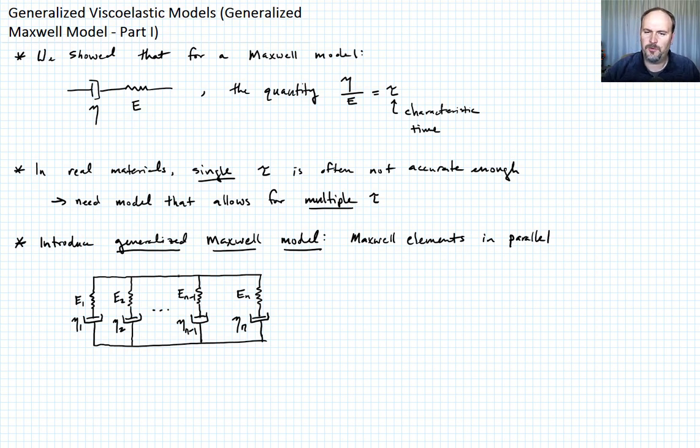And of course we're going to pull on it just like we did when we talked about the simple Maxwell model. And here I want to note, remember we talked previously about the standard linear solid for the Maxwell model, which was a spring in parallel with the Maxwell element. This can actually be represented with the generalized Maxwell model as well.